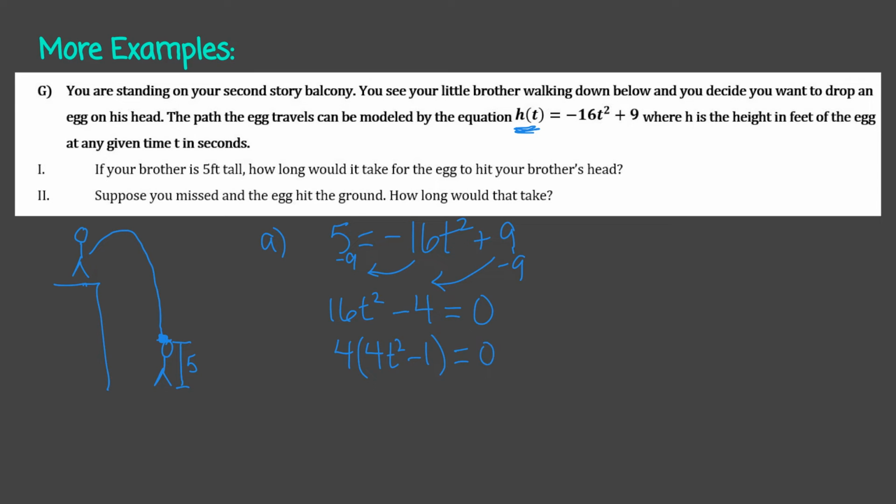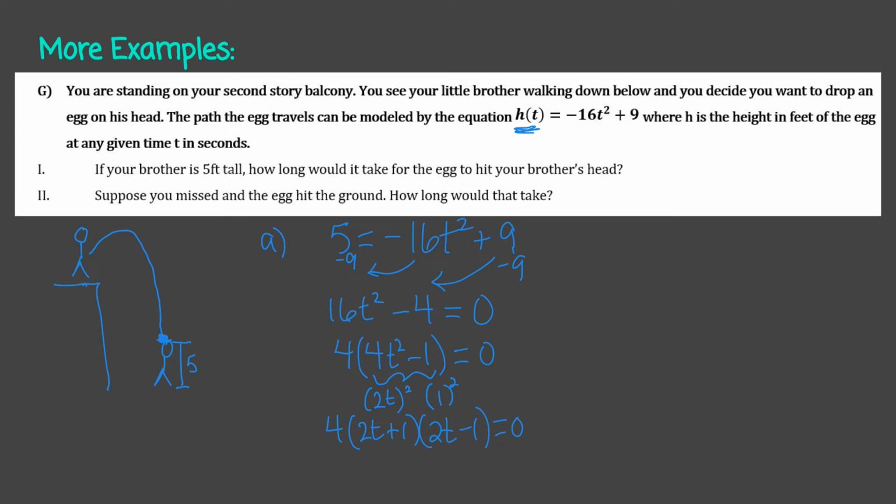And that equals 0. Okay, so now this is a difference of squares, because we can do 2t squared and we can do 1 squared for 1. So therefore our factors are going to be 4 parentheses 2t plus 1 and 2t minus 1.